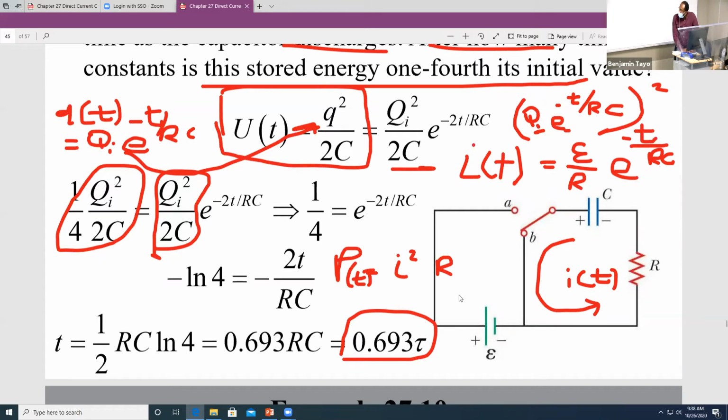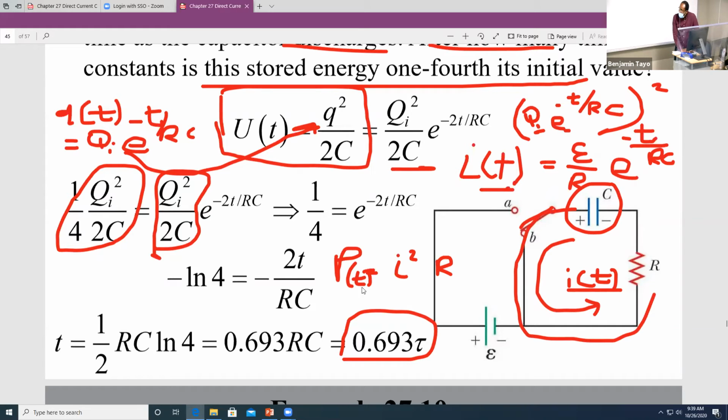Now, what I was saying is that when this capacitor is connected like this, it is going to act as a battery. So it supplies a current, and this current is going to go through this resistor. Now, the current as a function of time is given by this equation.